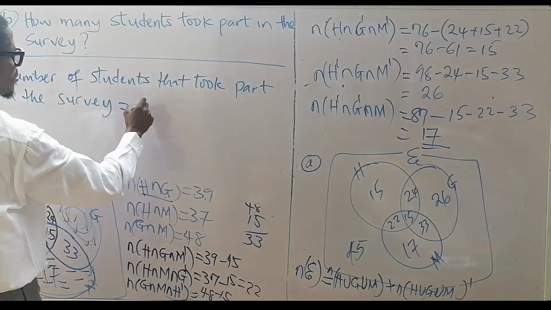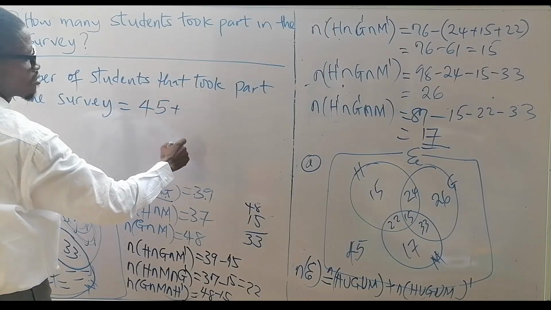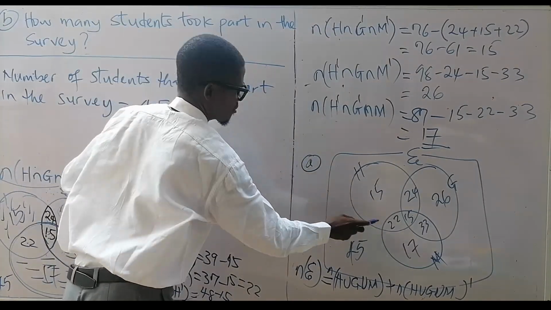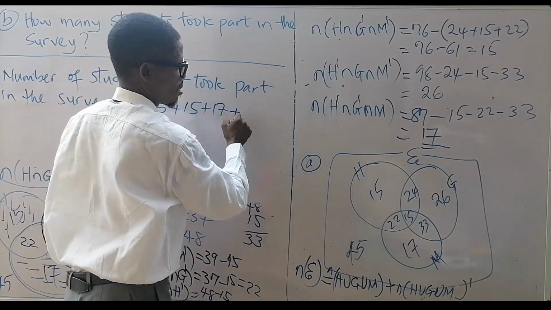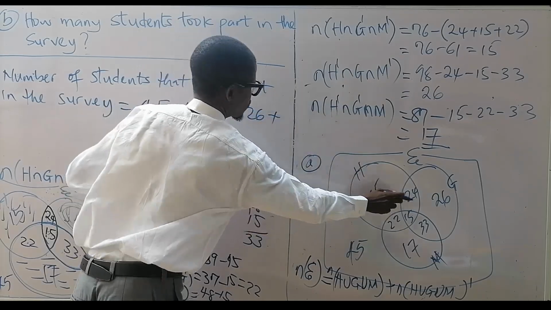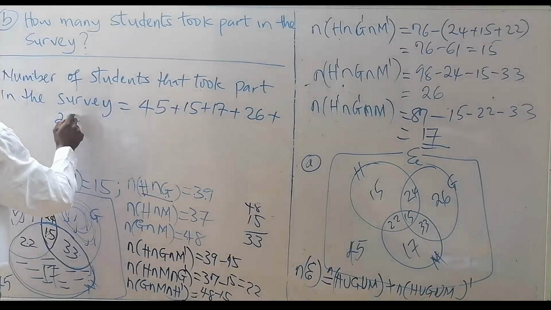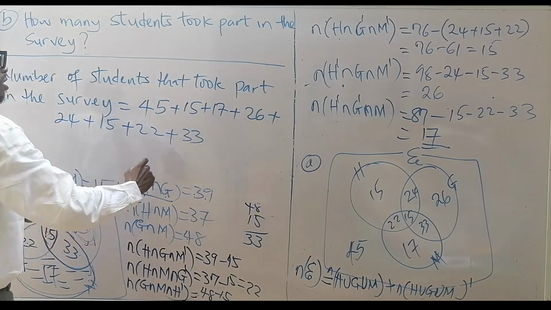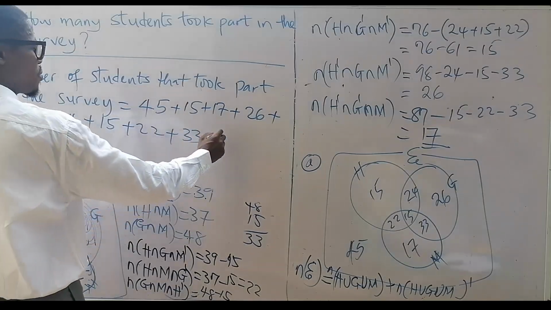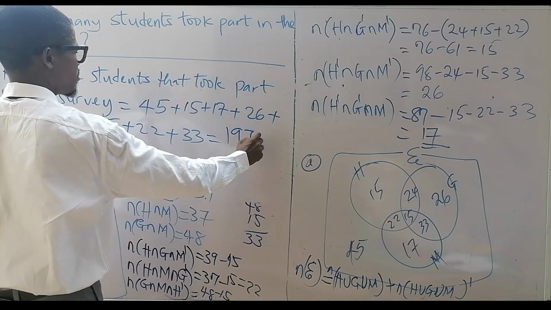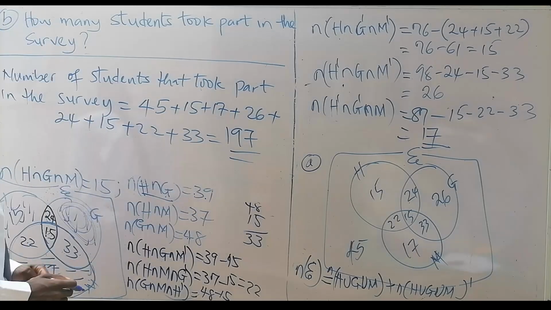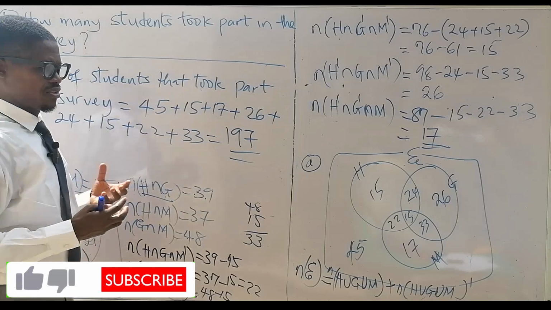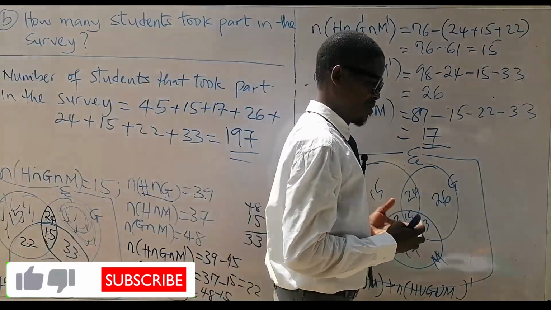So that's 45, the one outside, plus 15, plus 17, plus 26, plus 24, 15, plus 22, plus 33. If you do all this, that will give us 197. So that's the number of students that took part in the survey. And that's that on these 3 Venn diagrams.